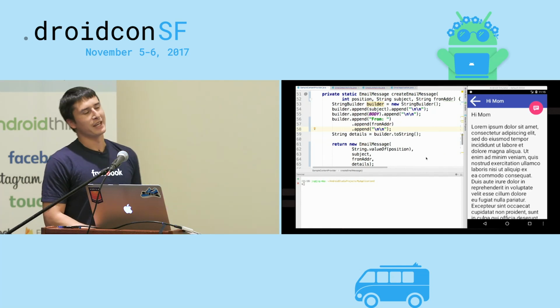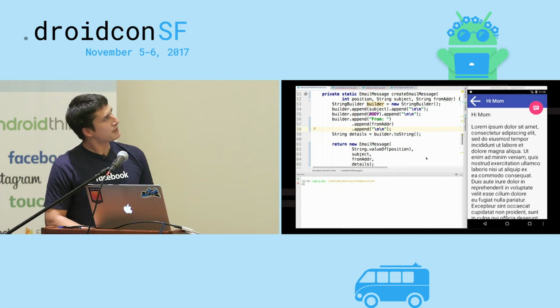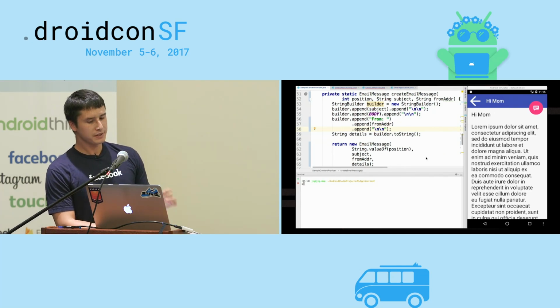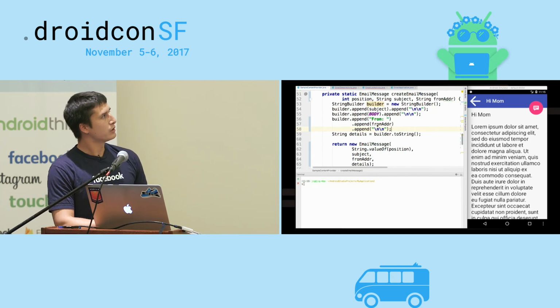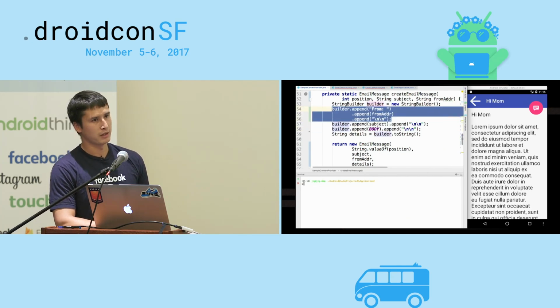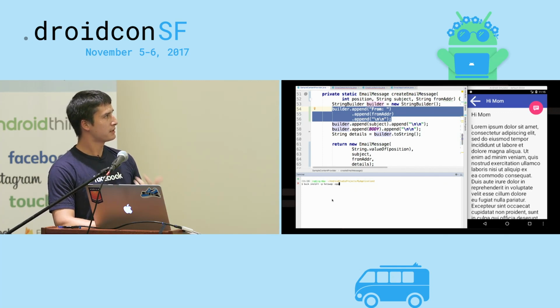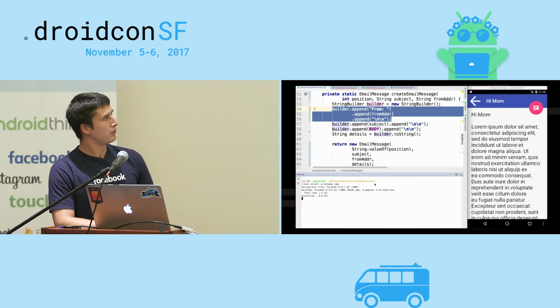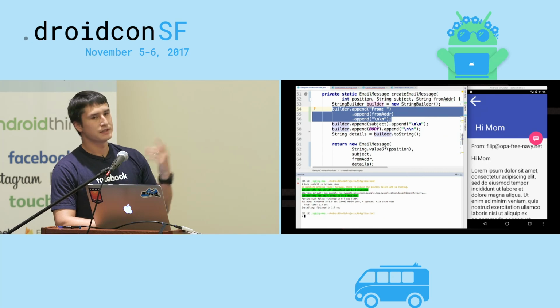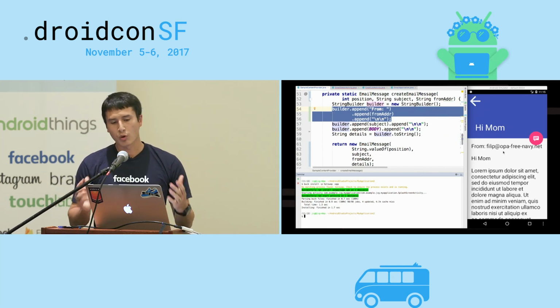So here's that same demo again. And I'm going to make that same exact change, but this time, we're going to instruct Buck by passing an extra command line flag that we want to do a hot swap instead of an app restart. So I've made the same exact change. I pass an extra flag, and now Buck does that same incremental build and install, and I can see my activity has refreshed on the right, and we're already done.